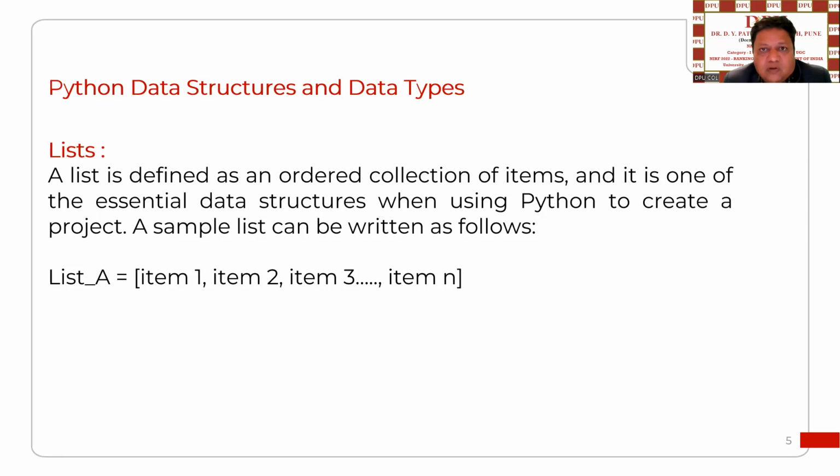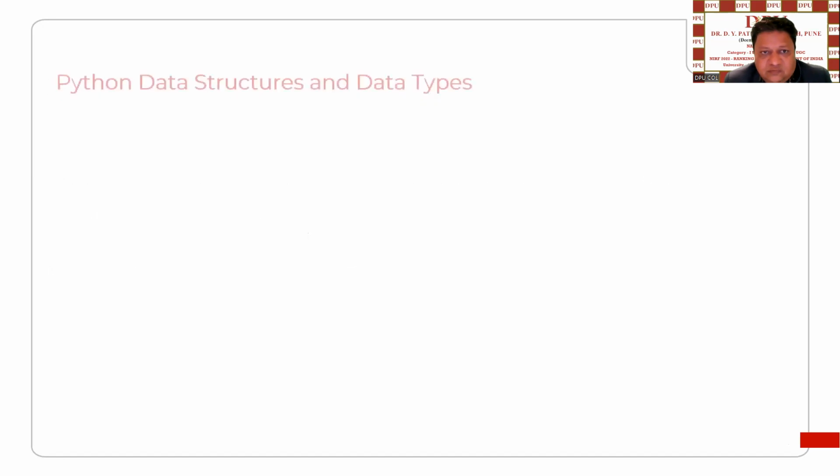Okay. So overall, if you ask me how many data types are there, whether they are primary or non-primary, I would say that there are 8 data types overall available in Python to write the code or to define the source code.